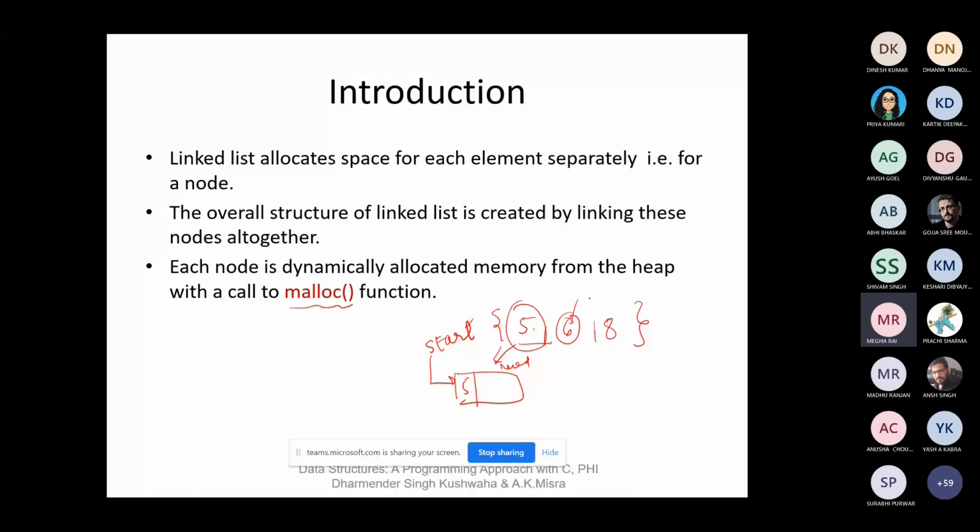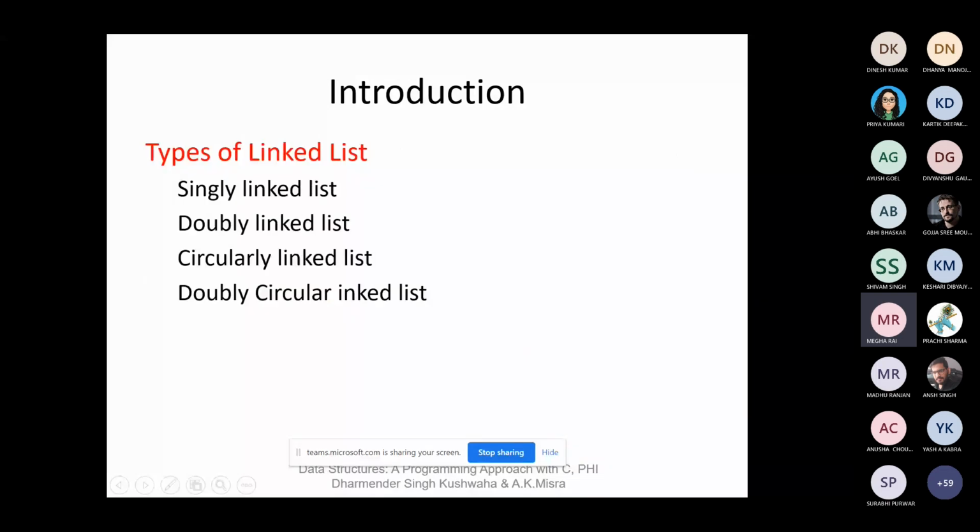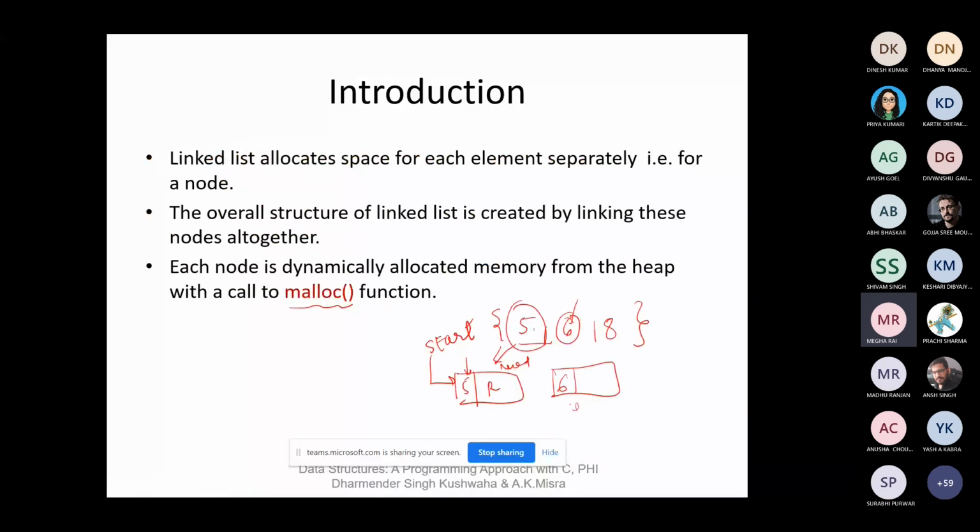Where is the space? Then you insert this element at a particular place, and the address of this node is present here. So by 5 you are reading this 5, and after this it contains the address of the 6 node. Now you read the 6 element.